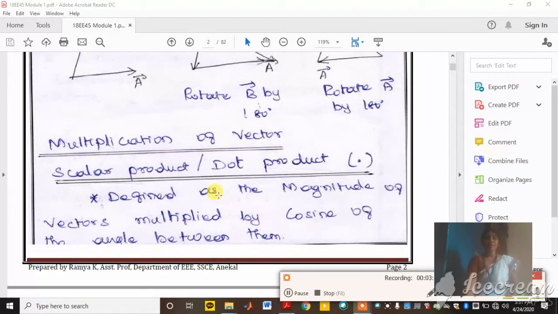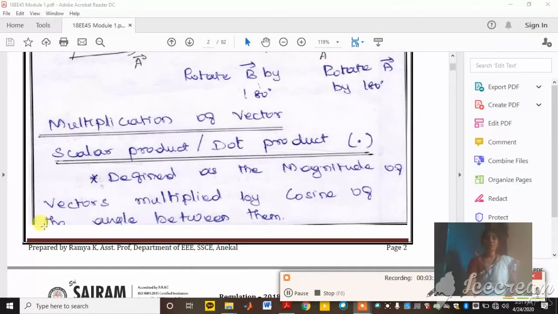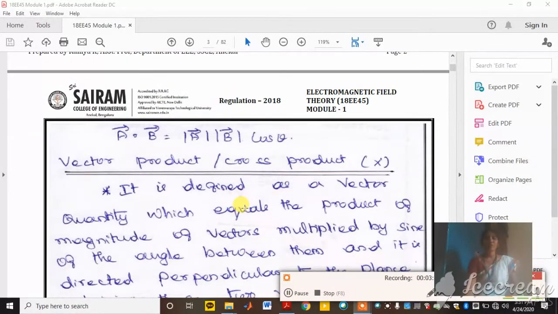Dot product is defined as the magnitude of the vectors multiplied by the cosine of the angle between them. You can see here A vector dot B vector.